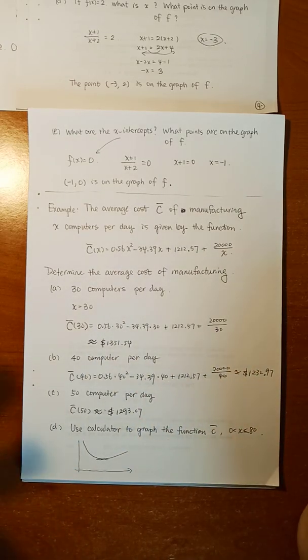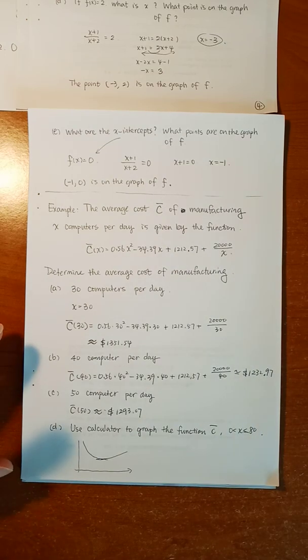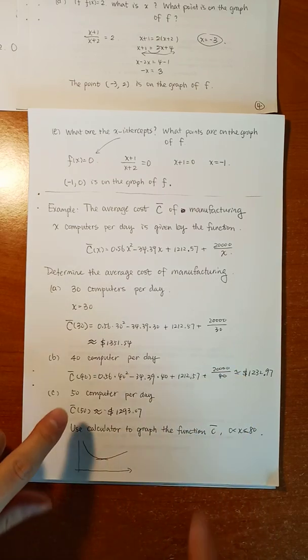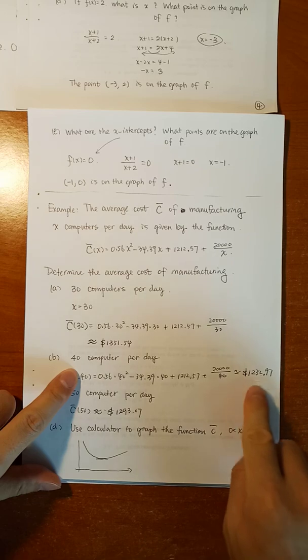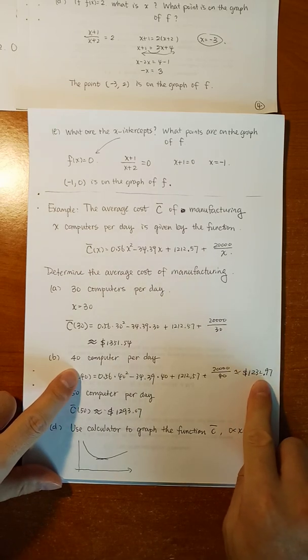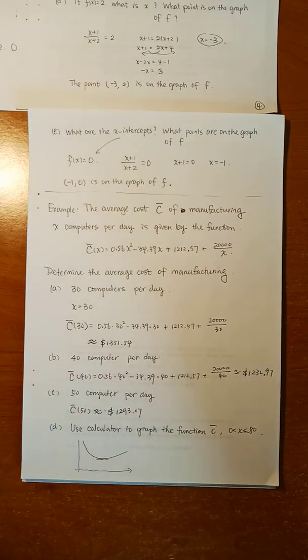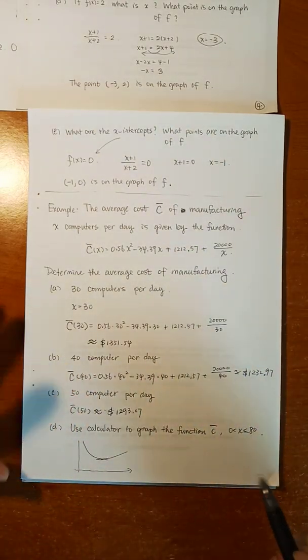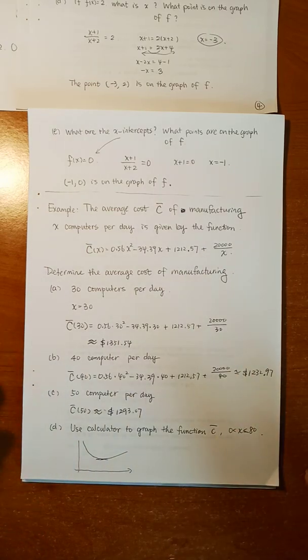After some tests, you will say that for this manufacturing company, it's better to produce 40 computers per day, because the cost is smaller.